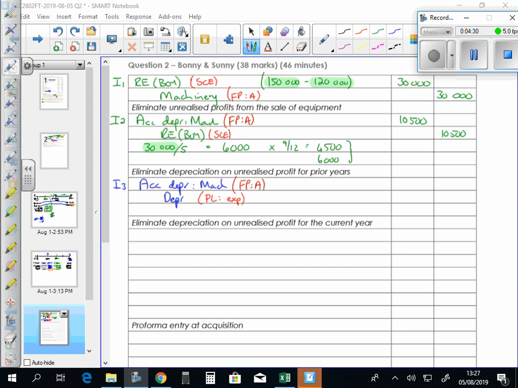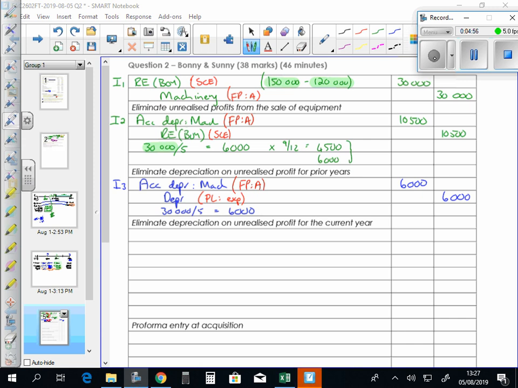But we're only doing the statement of financial position, so therefore it would affect the statement of changes in equity, which we're also not doing, which means it still lands on the statement of financial position. Okay, so it'll affect your equity, essentially. You can also just show the calculation again, but you have shown it once. So you don't have to show this calculation again. It's straight line method. Diminishing balance, you'd have to show the calculation.